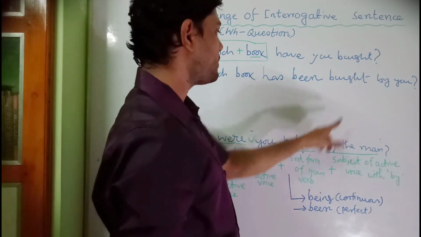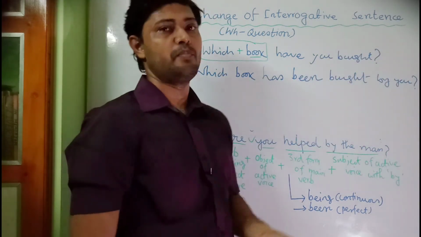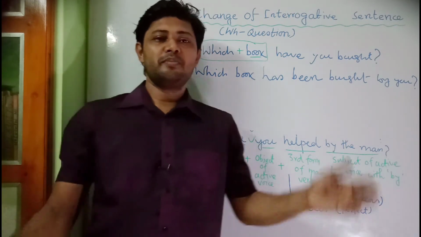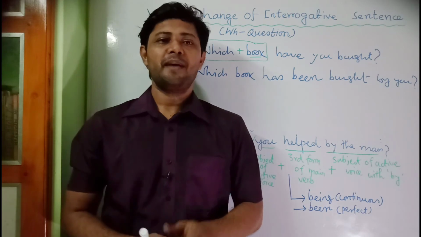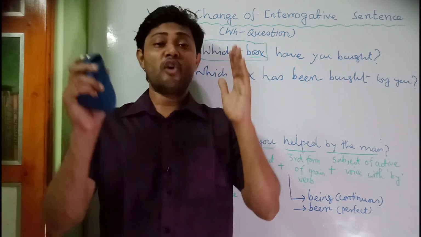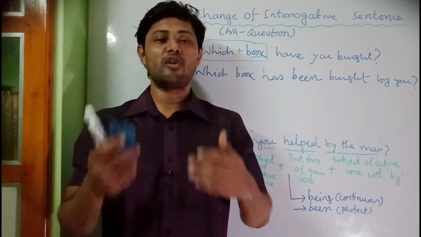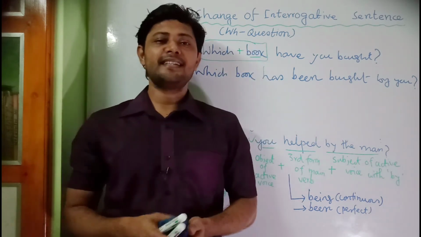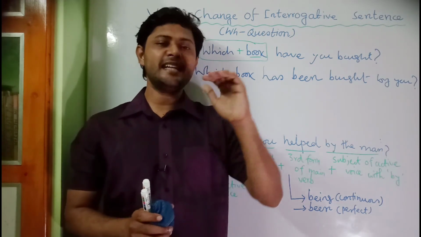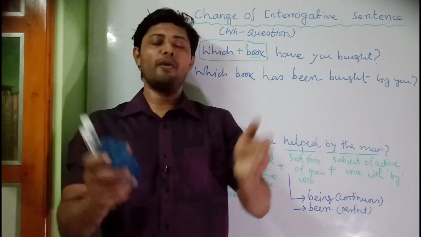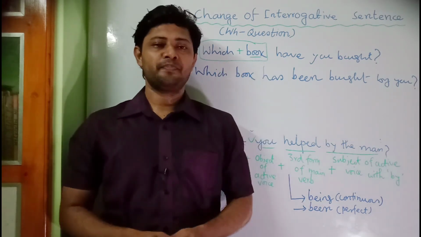After that, third form of the verb, and then at the end there is the subject with by. Okay, so these are little things actually, but if you have not a clear idea, you will face problems while solving these kinds of questions in the examination. For that reason, I have explained each and every problem that you may face.